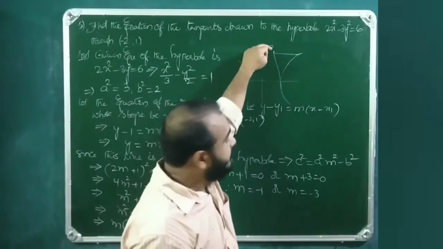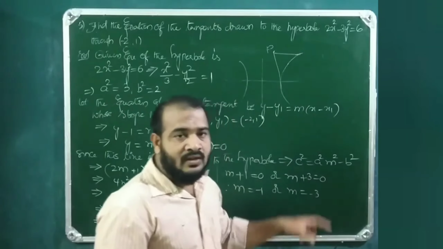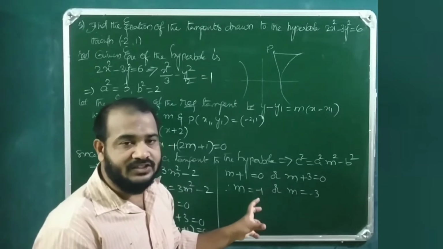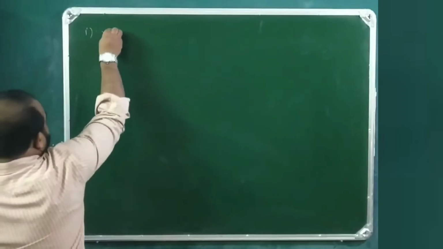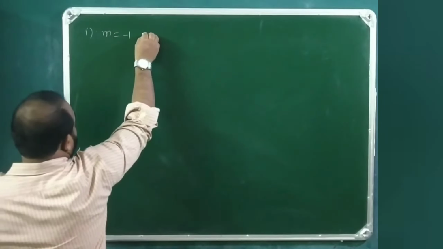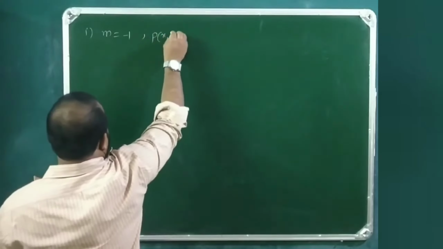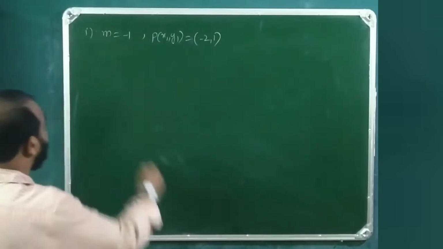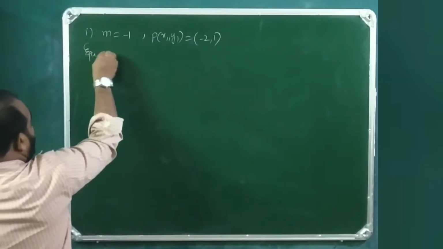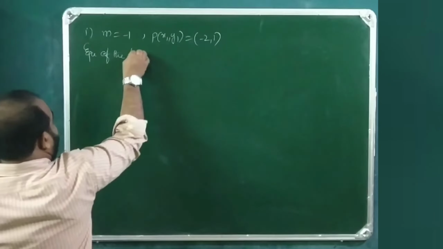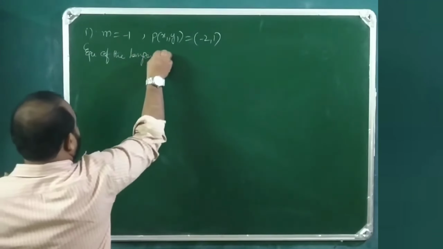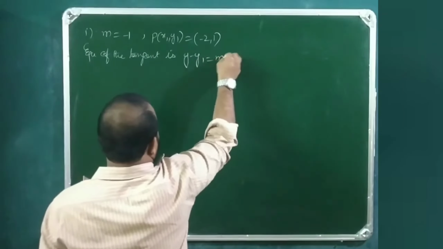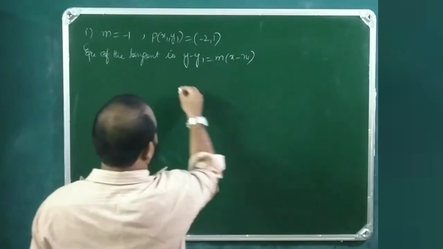But if we use S1² equals S into S11, then we get the combined equation of the pair of tangents. So case 1: m equals -1, P(x1, y1) is (-2, 1). The equation of the tangent is y minus y1 equals m into (x minus x1).